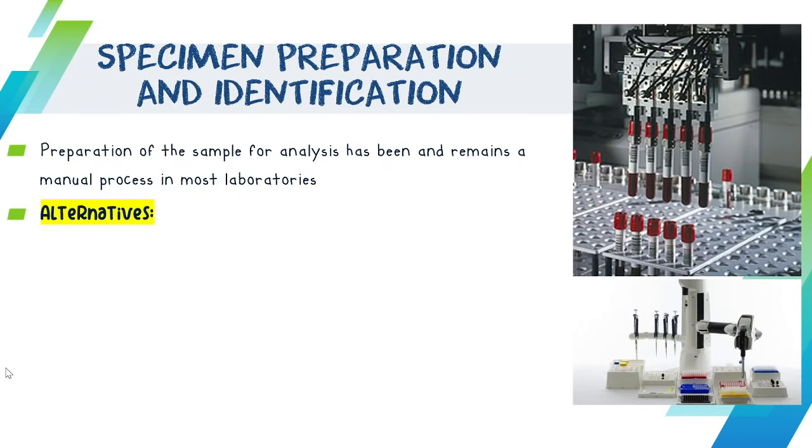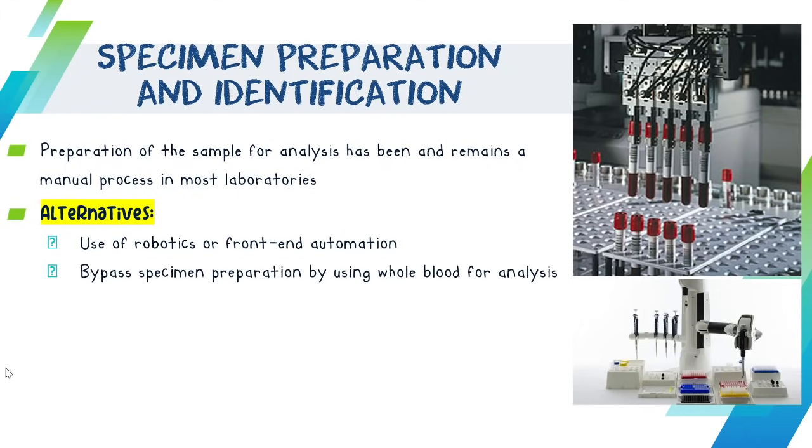So some alternatives for specimen preparation and identification with the use of robotics or front-end automation, as what has been presented a while ago. Bypass specimen preparation by using whole blood for analysis.